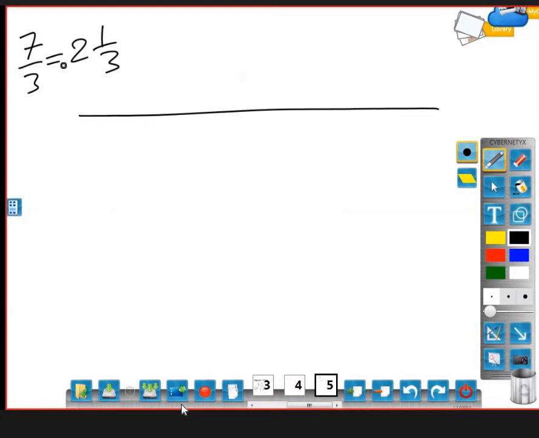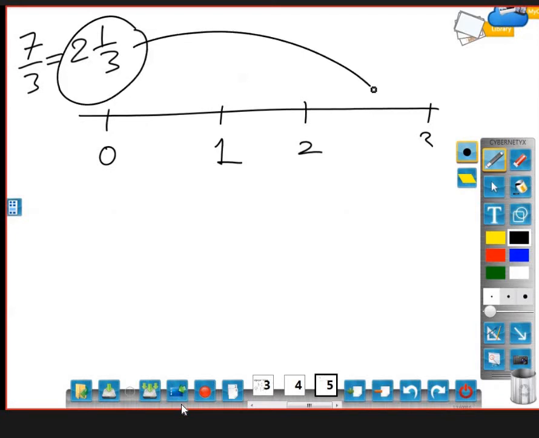We take 0, 1, then 2, then 3. This number lies between 2 and 3. Now we see the denominator 3, so we divide this into 3 parts. 1 part and 2 parts, and automatically we get the 3rd part.